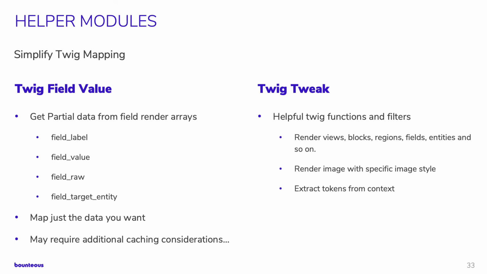And you can get target entities. So this really lets you just get at the data that you want. It may, in some cases, like I believe field raw and field target entity, have some additional caching considerations you might need to take into account to make sure that things are cached appropriately.